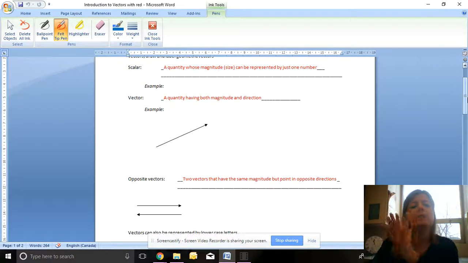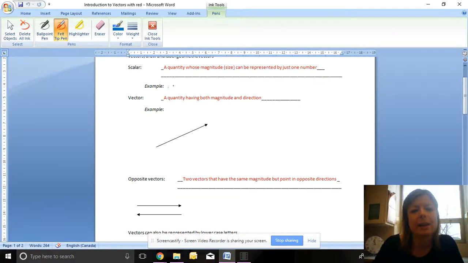When we talk about the difference between a scalar and a vector, it's important to understand some examples to help further your understanding. A scalar is a quantity whose size, or magnitude, can be represented by just one number.